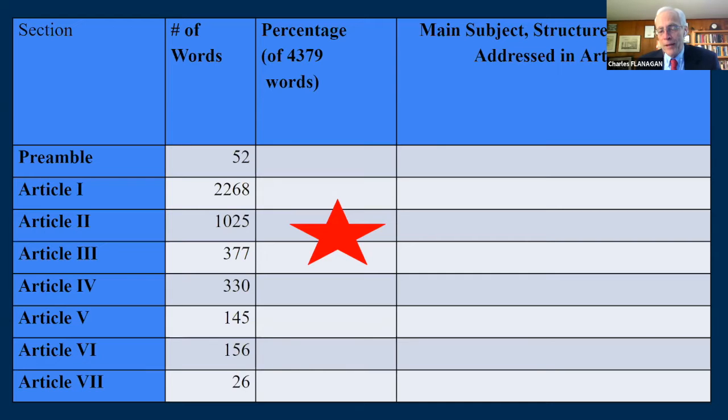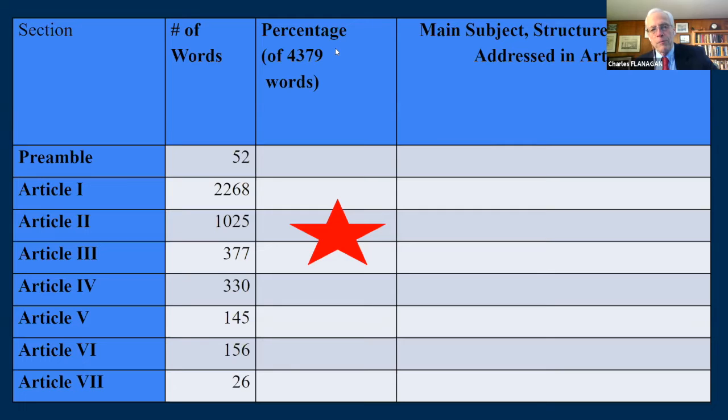You get to bring math into your civics classroom or your history classroom, because the students are going to divide the number of words in their article by the number of words in the entire document. And that will yield the fraction of the whole Constitution that their article manifests.